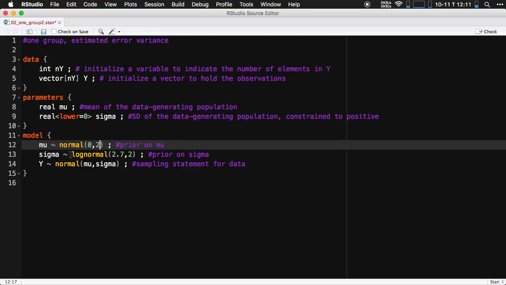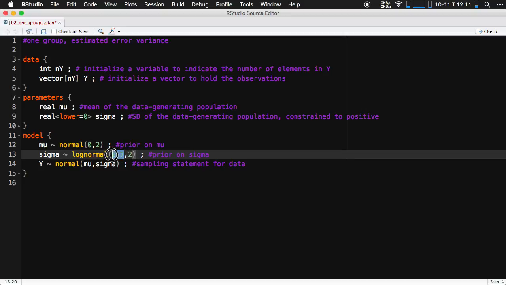So 2 might be a reasonable value. And for this, on the log scale, 0 is the same as a value of 1 on the real scale. And ditto that. 0 and 1 would be a relatively broad prior for the variability.